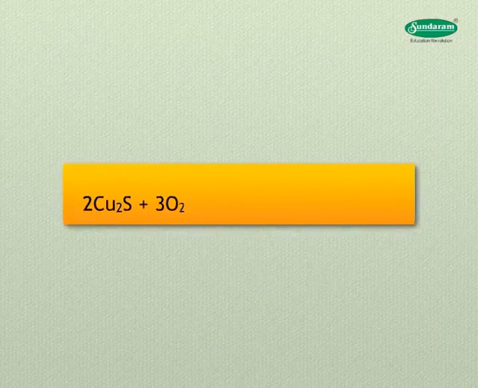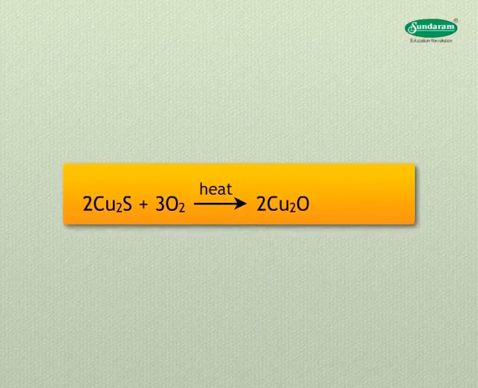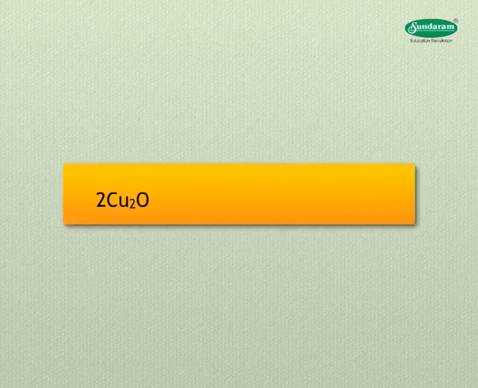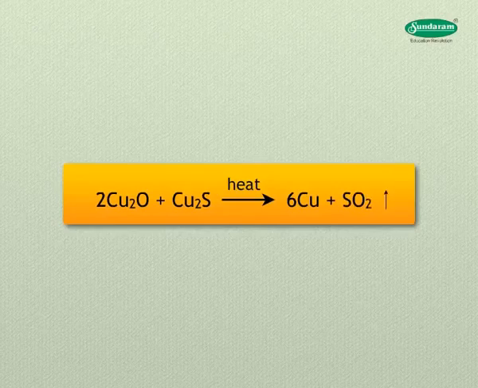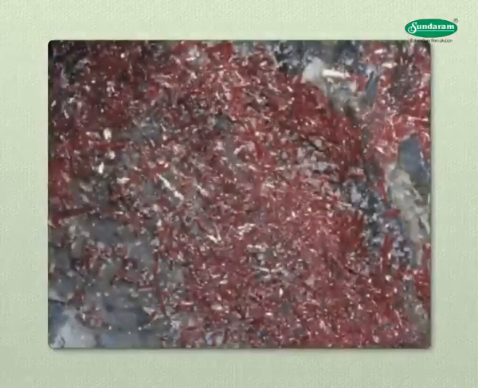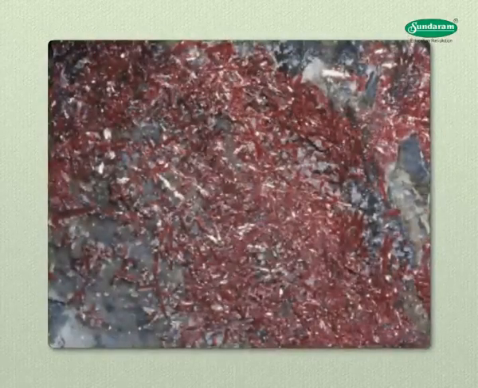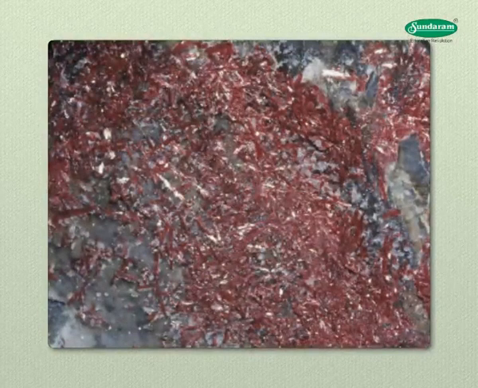2Cu2S plus 3O2 when heated gives 2Cu2O plus 2SO2. 2Cu2O plus Cu2S when heated gives 6Cu plus SO2. Similarly, cinnabar, HgS, is an ore of mercury.